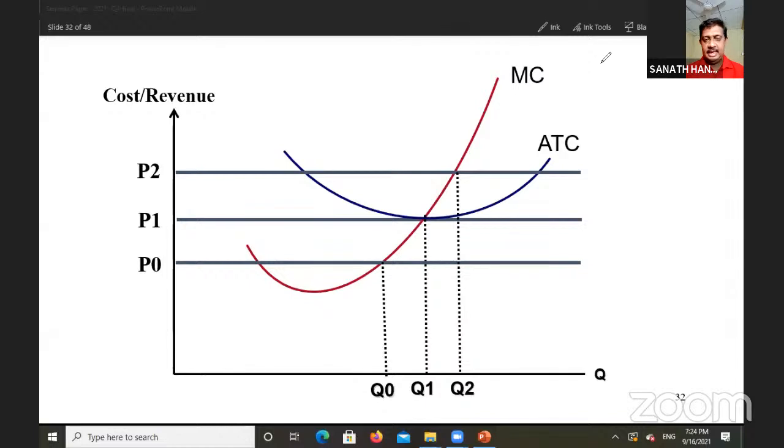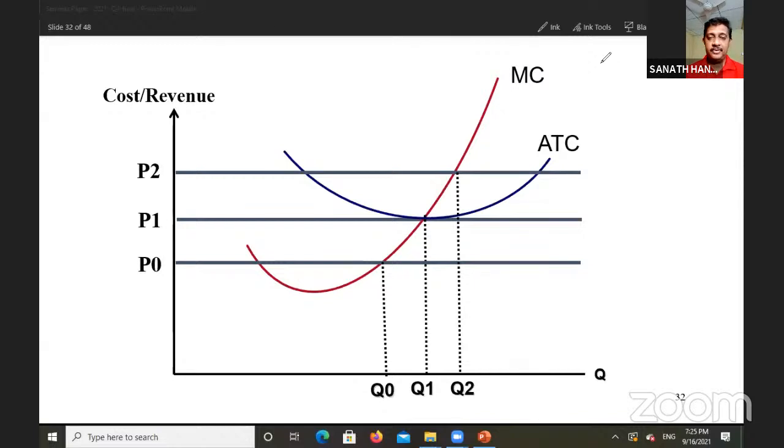Now we know that I'm repeating this question. In the long run, a perfectly competitive firm earns only normal profit. So in the long run, definitely a perfectly competitive firm produces an efficient output, because in the long run there is only normal profit.